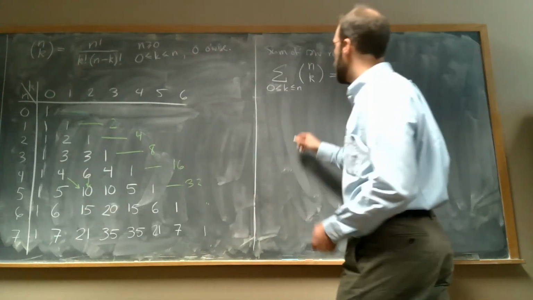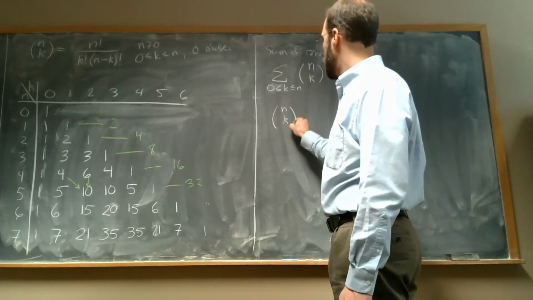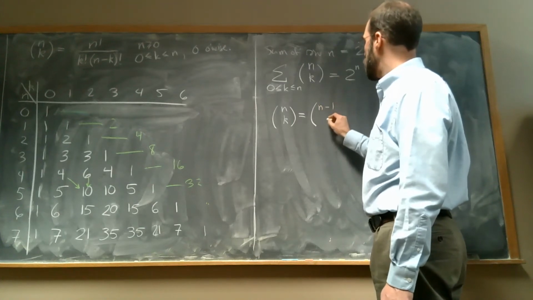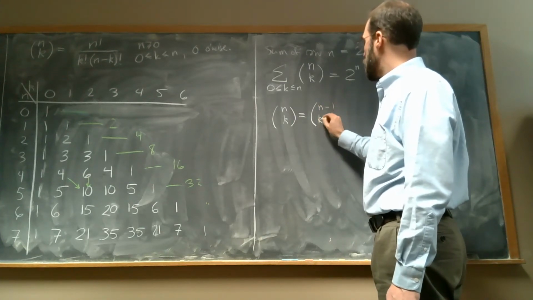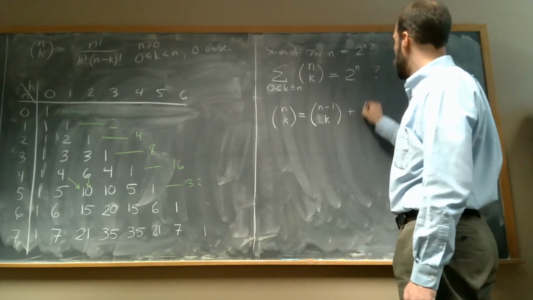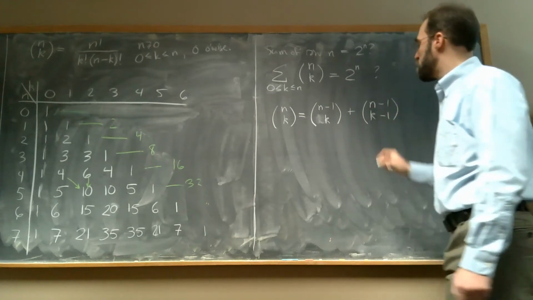So we're saying n choose k is equal to n minus 1 choose k plus n minus 1 choose k minus 1.